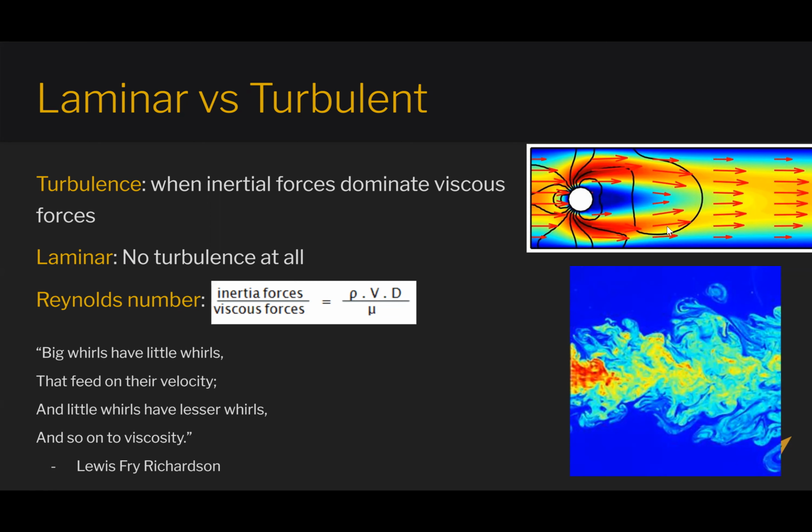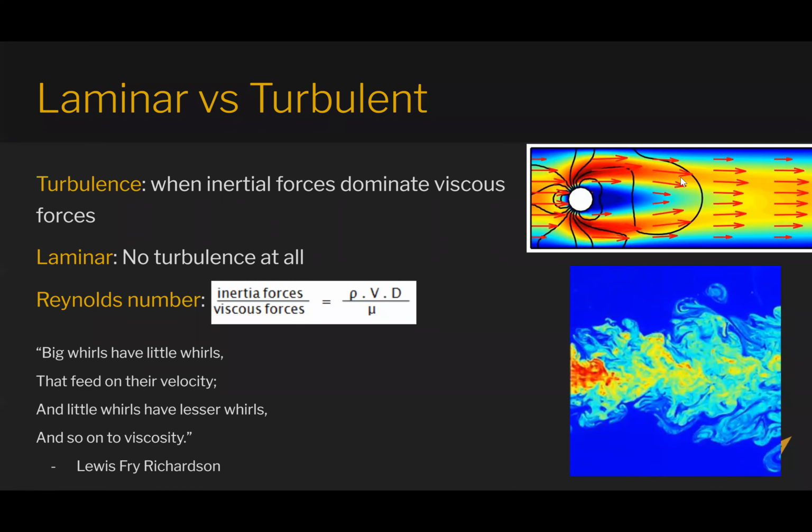The main difference between these two is the Reynolds number, which describes the inertial forces and the viscous forces. This is kind of a lot of terms thrown at you guys right now, but inertial forces is like the force of the ball, and then the viscous forces is like the stickiness of the air or whatever fluid you're going through.